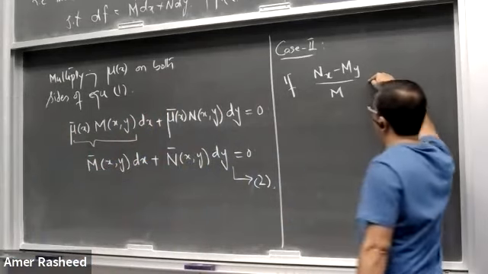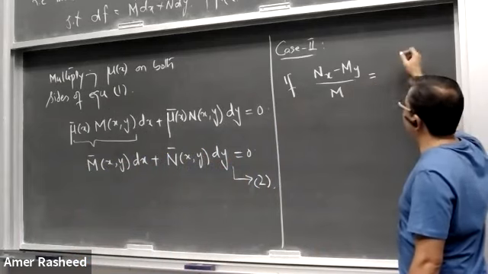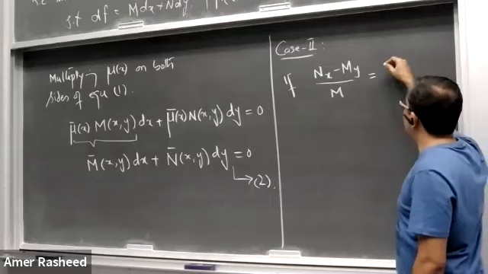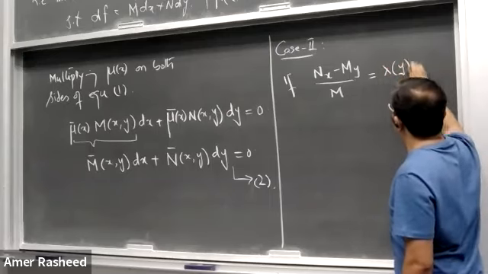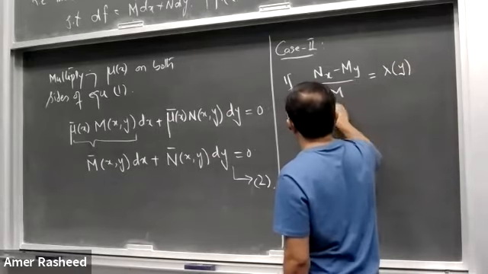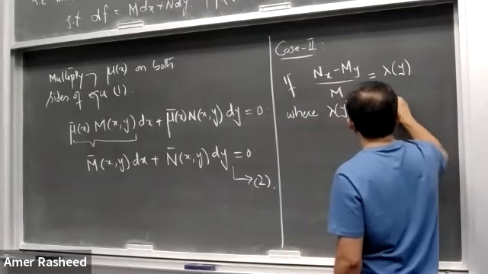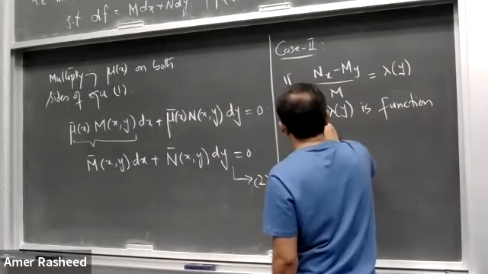Now, in case two, if this expression is a function of y only, you can take some lambda of y, where lambda of y is a function of y only.